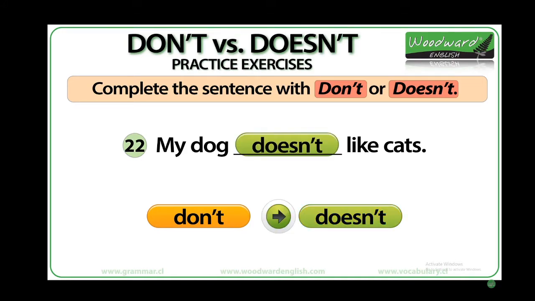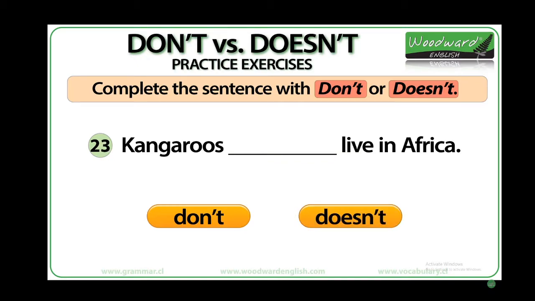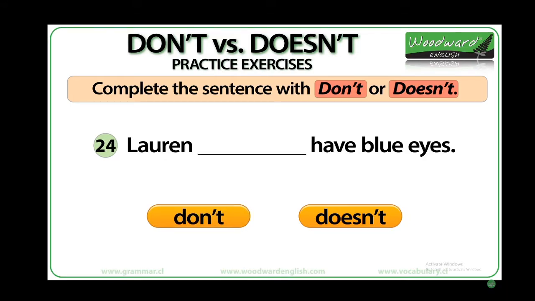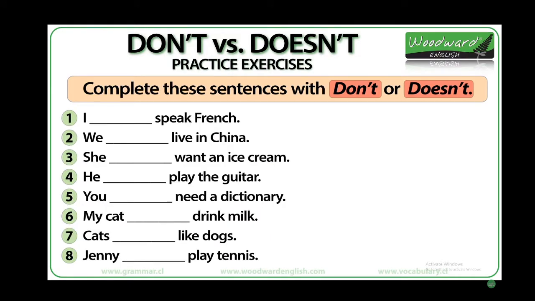My dog doesn't like cats. Kangaroos don't live in Africa. Lauren doesn't have blue eyes. Complete these sentences with don't or doesn't.